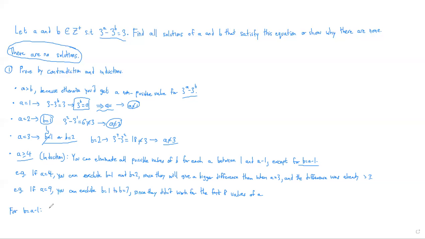Okay, then you get 3 to the A minus 3 to the A minus 1 is equal to 3. Okay, so then you get, what is it? 3 to the power of A minus 1, that would be a 3, and that would be a 1.